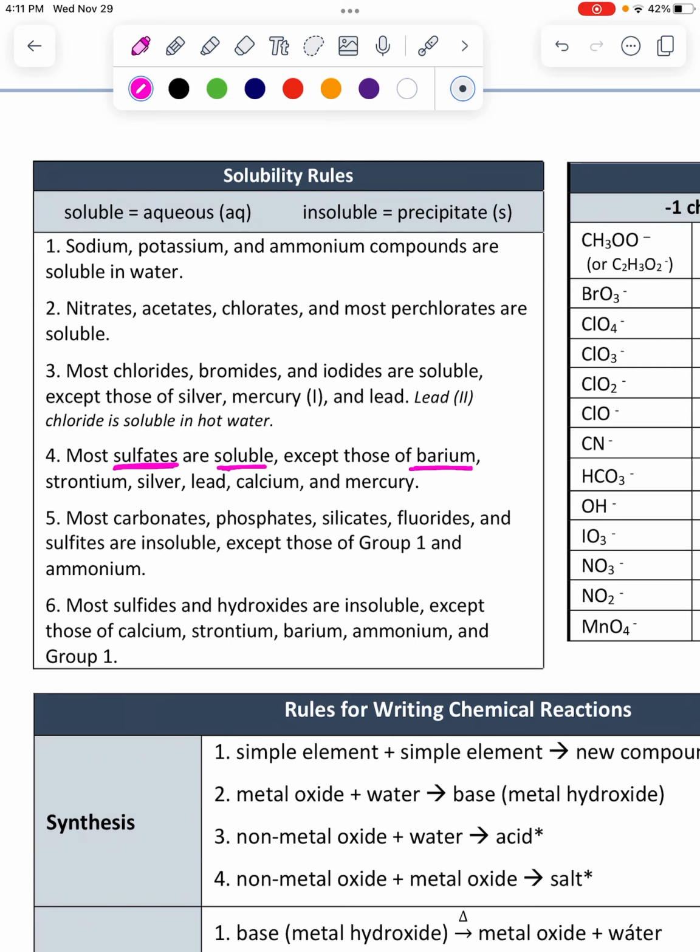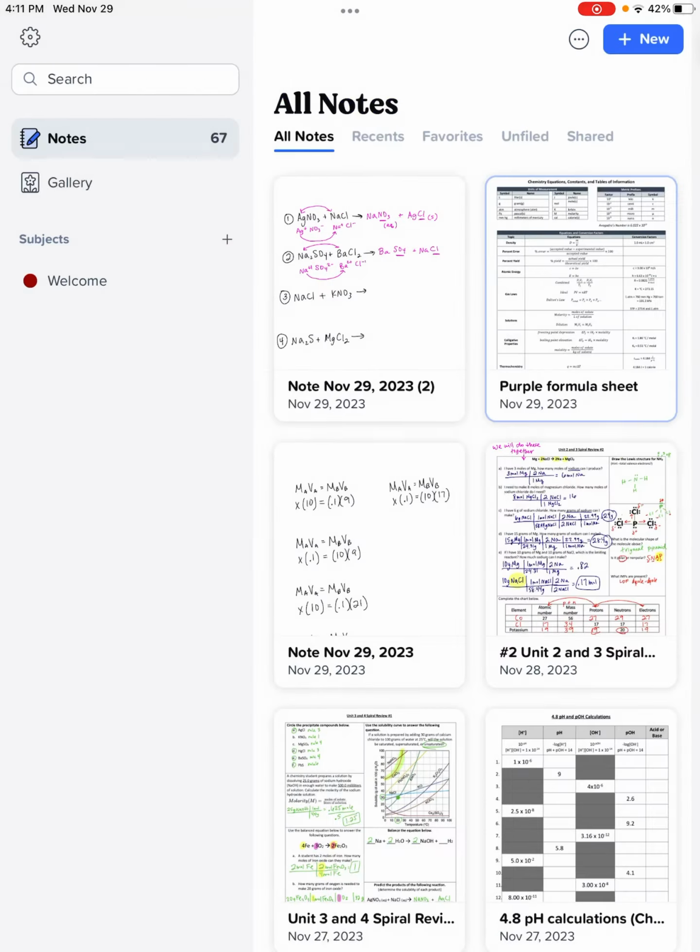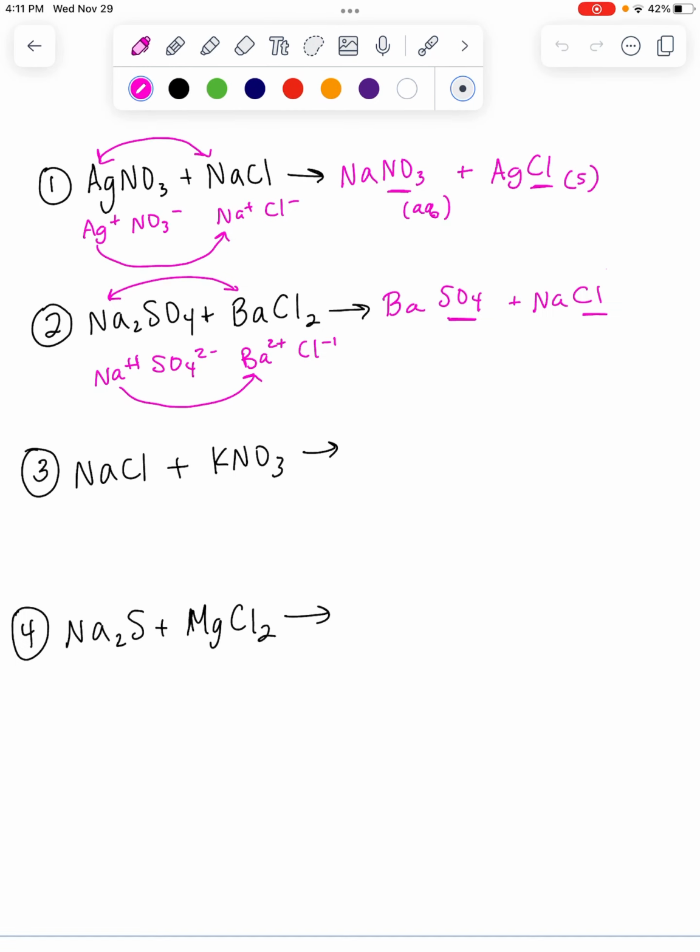So we can go ahead and add that. And then if you look at your rules, rule number 1 talks about sodium, group 1. Sodium's always soluble, so it gets the AQ. So now I can look at the next one.